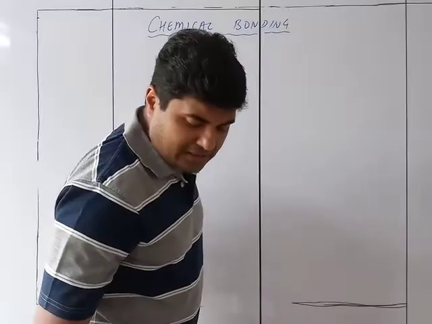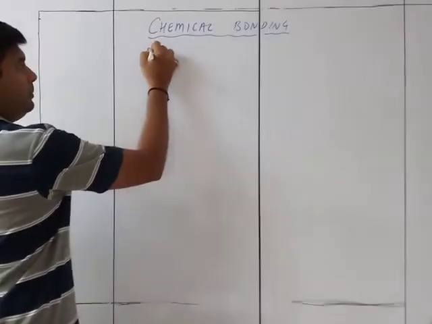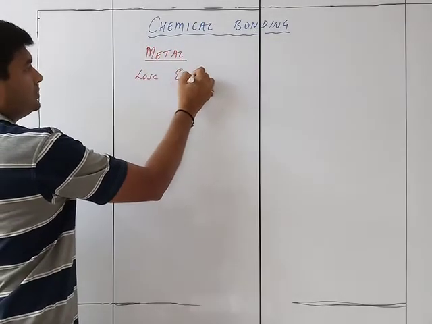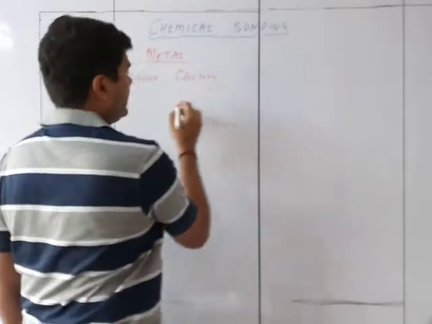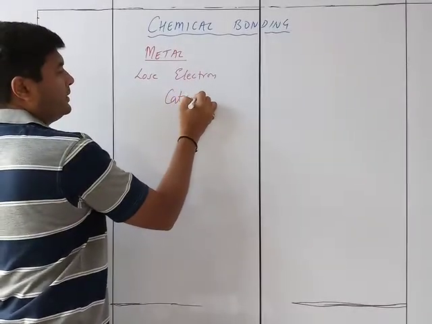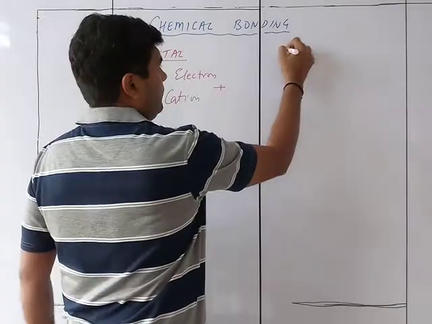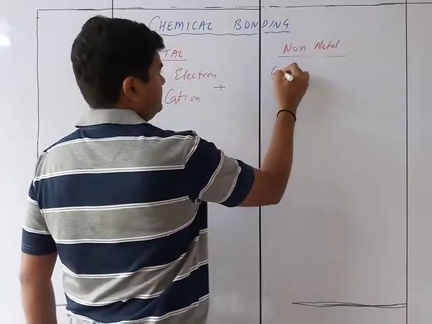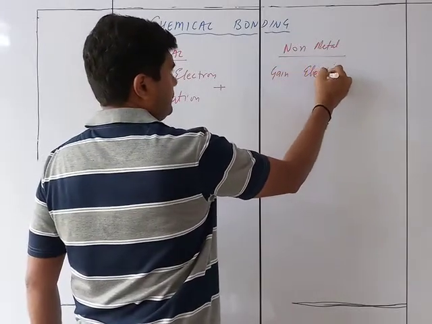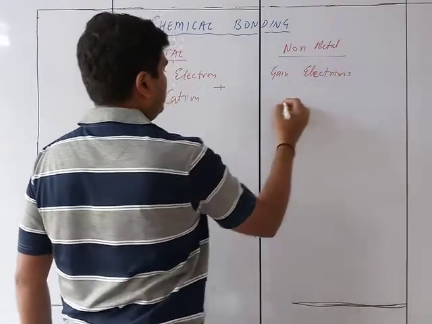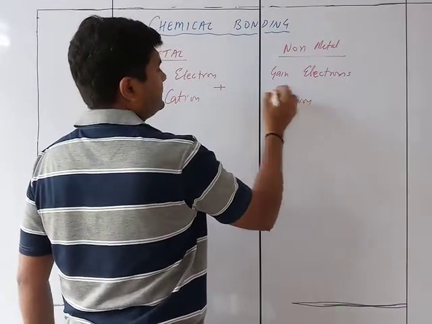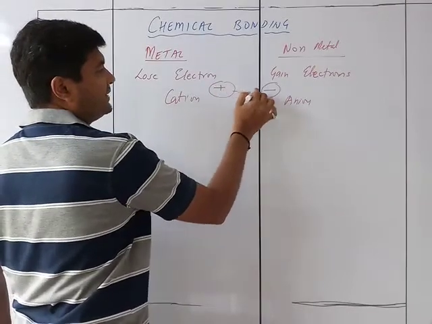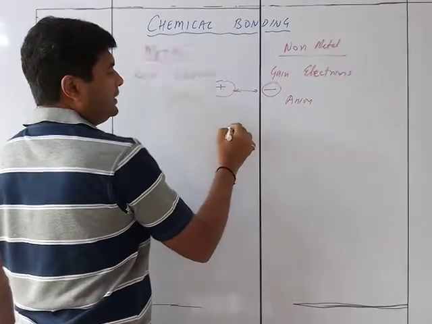So it will be the metals which are going to lose electrons and become a cation, that is, positively charged. Non-metals are going to gain electrons and become anions, that is, negatively charged, and then this negative charge and positive charge attract each other to form a compound.